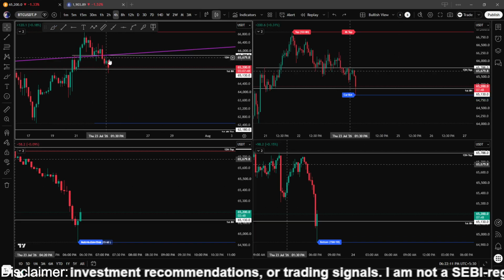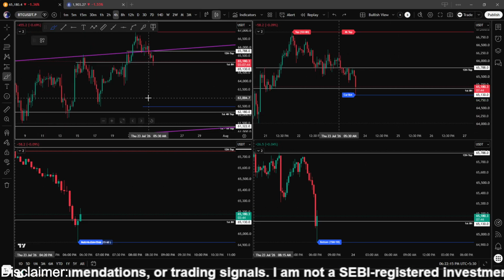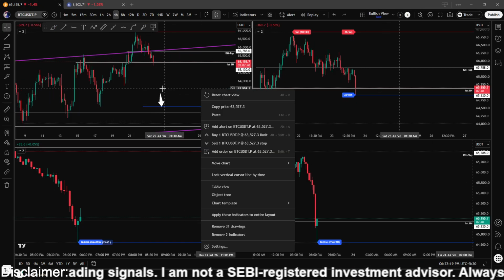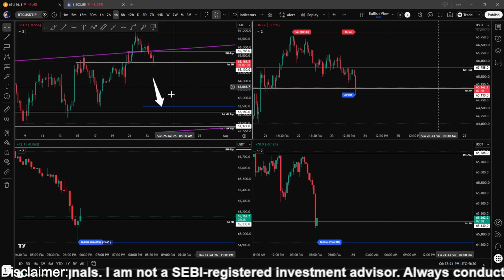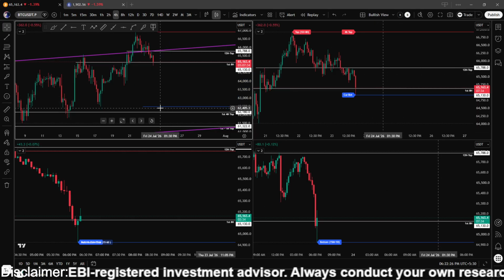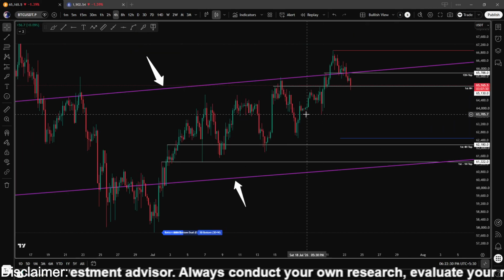In the 4 hour time frame, the bottom is here. The 4 hour current bottom is here. This is the 4 hour bottom, and this bottom keeps on shifting. It's not like this bottom is going to remain here; it keeps on shifting.